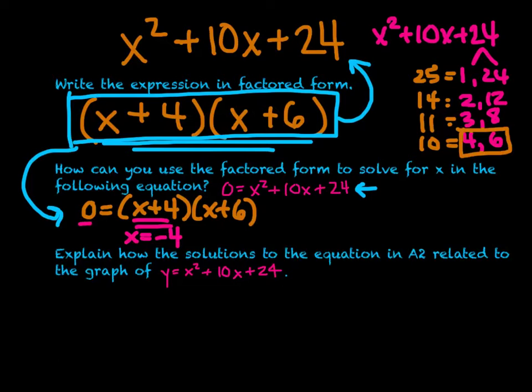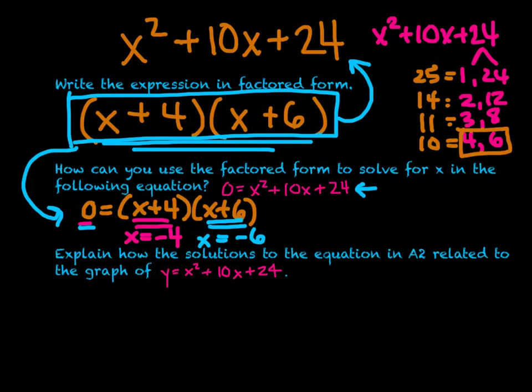As well, we can look right here, x plus 6. Well, x could equal negative 6. If x equaled negative 6, we have negative 6 plus 6 equals 0, and 0 times anything would get me 0. So we just use the factored form of this equation to solve for x.